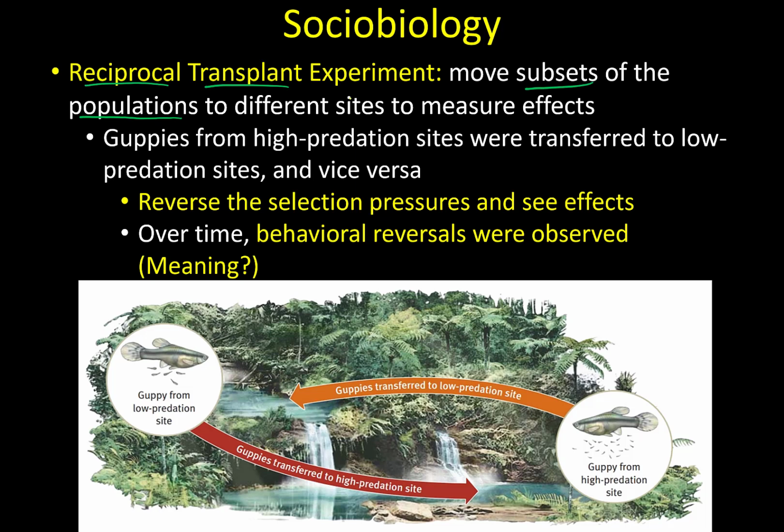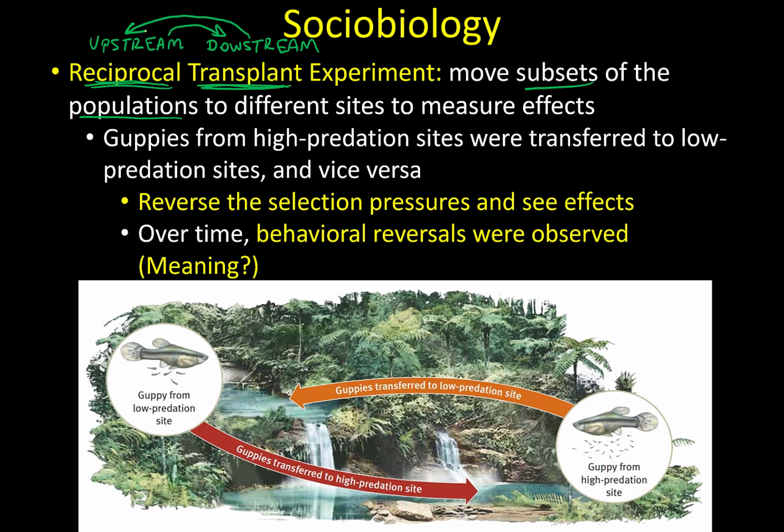So in this case, we're going to take upstream guppies and we're going to move them into a downstream habitat. That's called a transplant. When you pick them up and move them to a new place, you're transplanting them. But remember the reciprocal part of the name? Reciprocal means fair. So you're also going to take some downstream guppies and move them upstream.